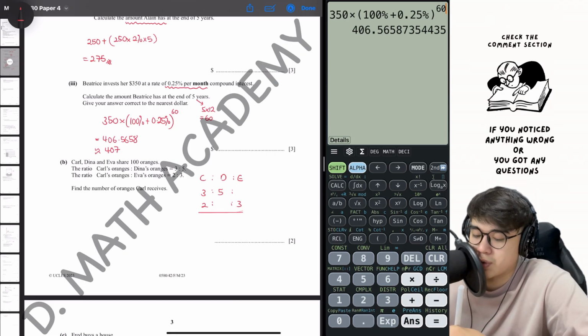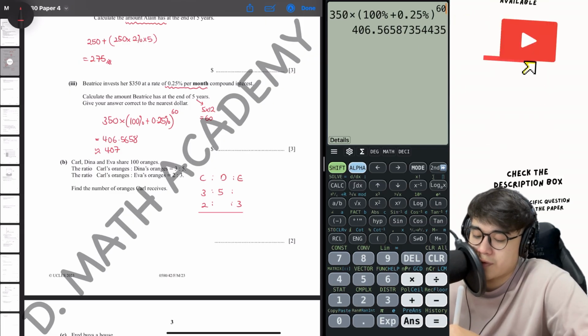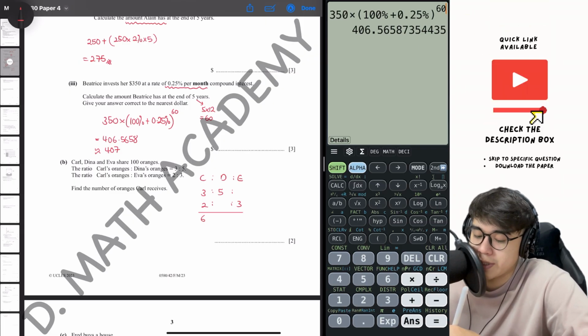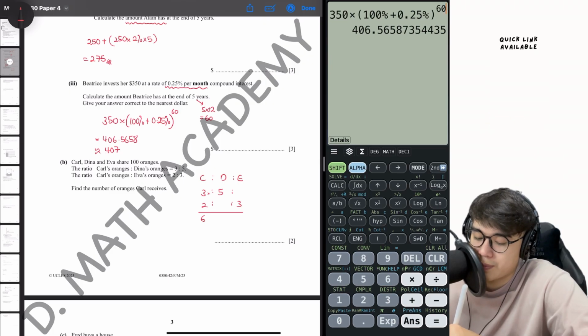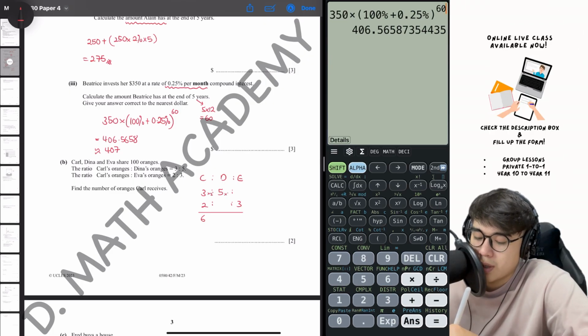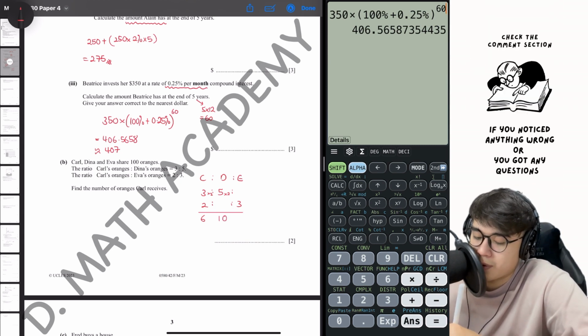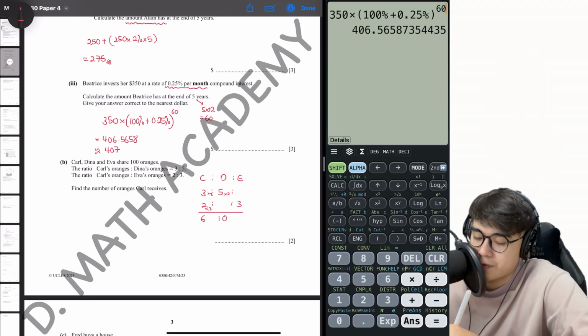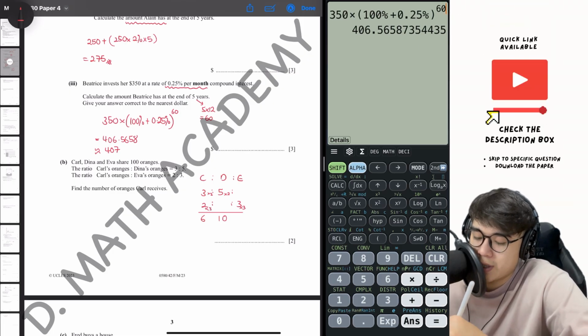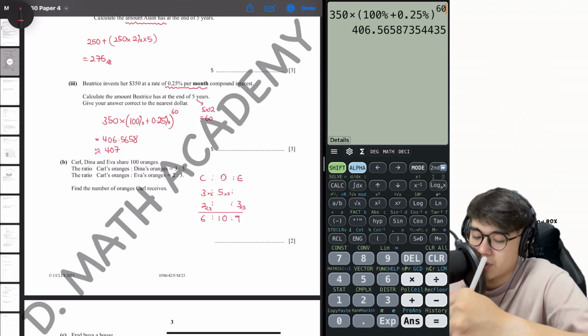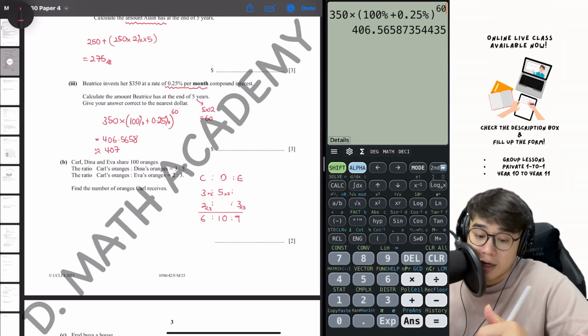One is 3, one is 2. So we'll start off with Carl first. I thought of making them 6, which means the top group here, I have to multiply by 2. And I will end up with Dina's ratio as 10. Meanwhile, for the bottom part, I will be multiplying by 3. So Eva will also be multiplied by 3. So 3 times 3 is 9. So this is the updated ratio that we have now.